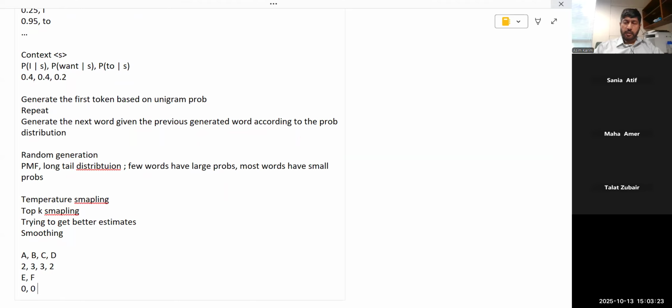So the idea in smoothing is that we have a distribution over those four words A, B, C, D. अब उस distribution में से कुछ हम probability mass बाकी words को भी दे दें. ठीक है, जहाँ E and F है उसमें से कुछ निकाल के हम E and F को दे देंगे.